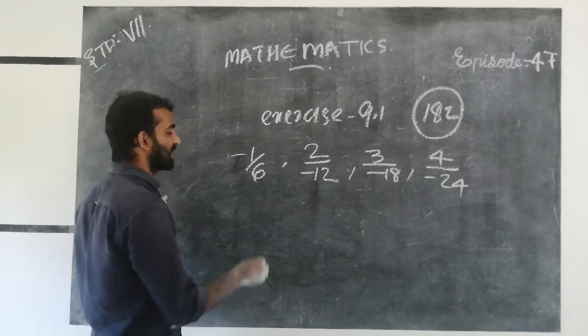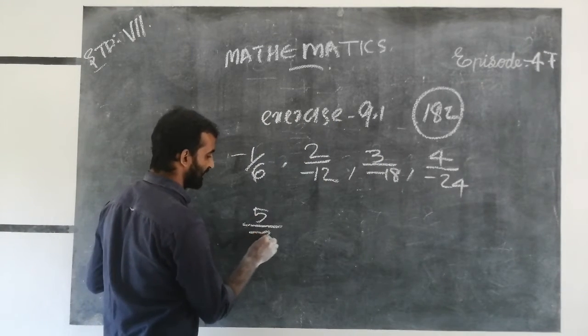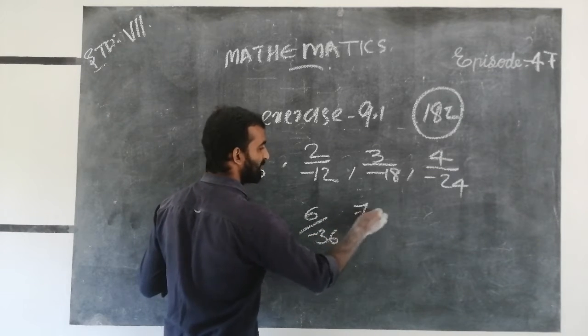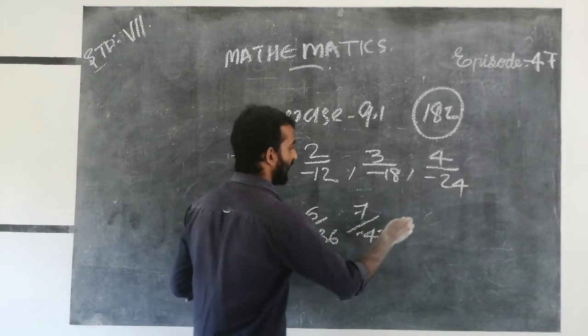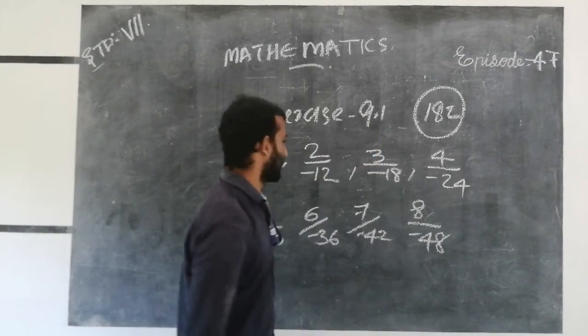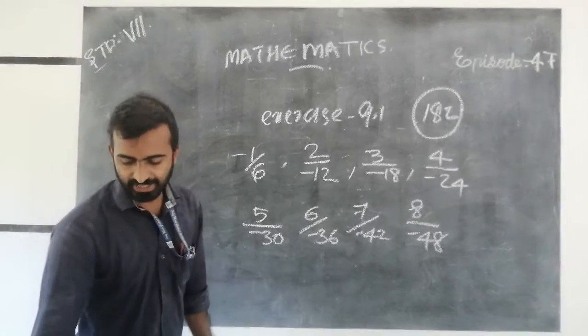Following like this, we can write 5 by negative 30, 6 by negative 36, 7 by negative 42, 8 by negative 48.